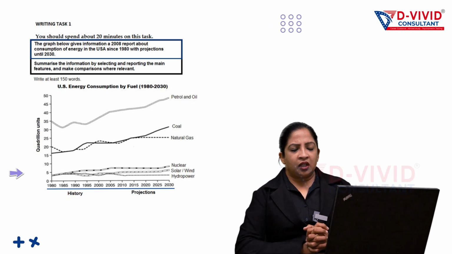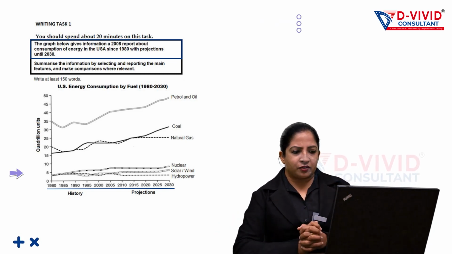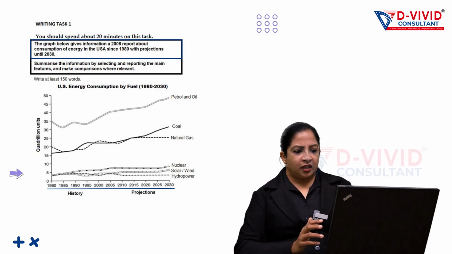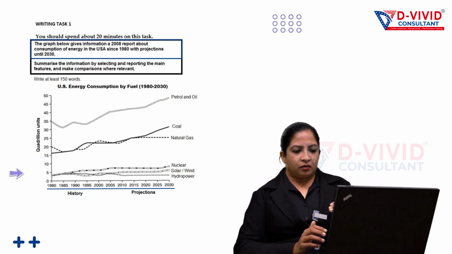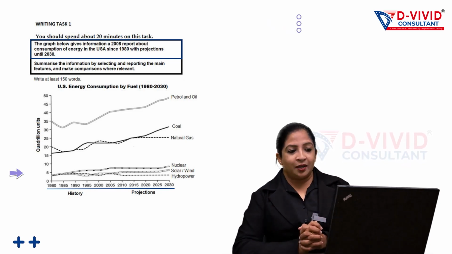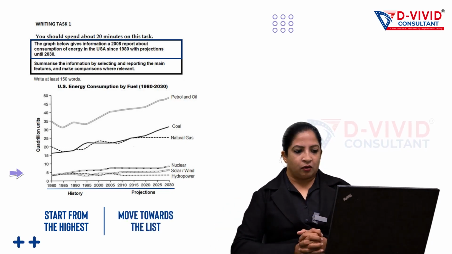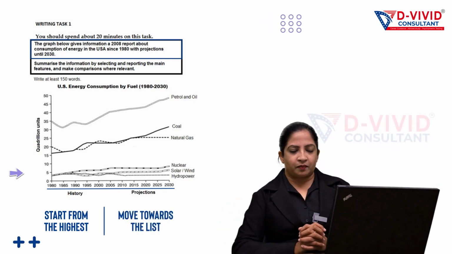Now the third thing, how am I supposed to divide the data into two paragraphs? So here there are 6 lines, so it goes very clearly. I'll start from the highest and move towards the least, or I can do the vice versa also.